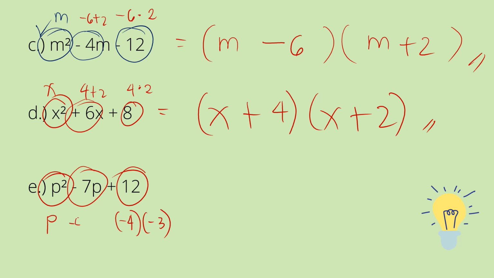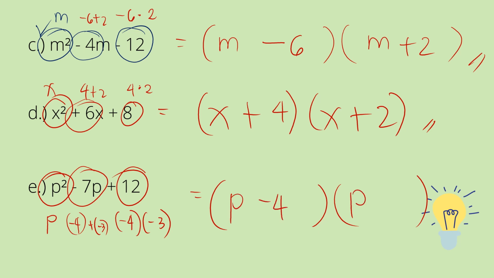And this will be negative 4 plus negative 3. So dalawang negative yan. Therefore, the factors are p minus 4 times p minus 3. Minus kasi negative yung numbers. Okay?